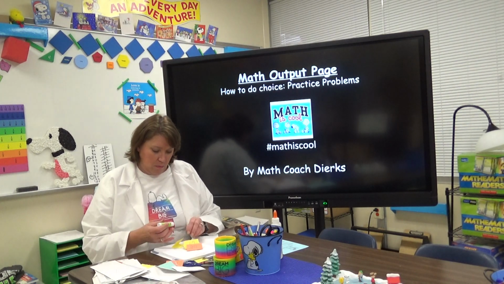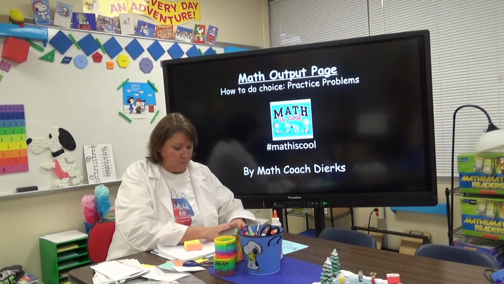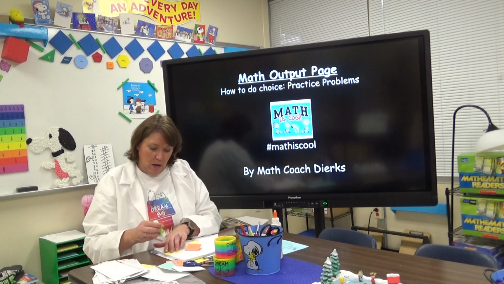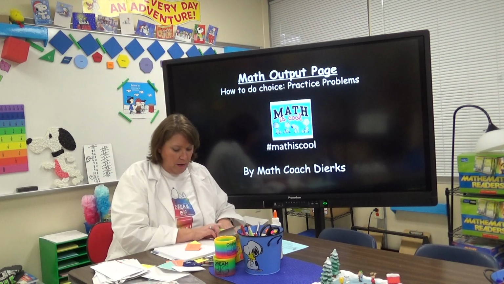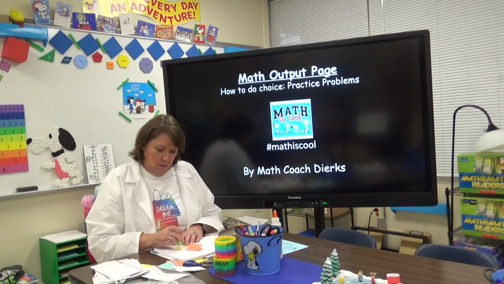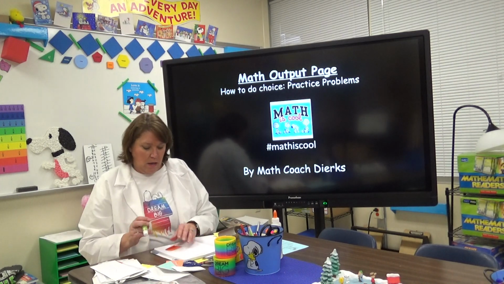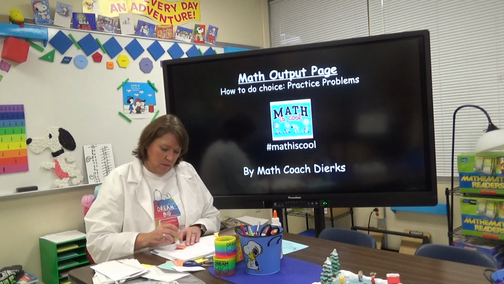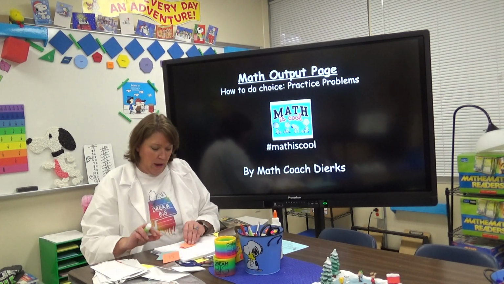So what I did, using scratch paper once again, is I just cut it into little squares, folded it in half, and then put a problem on the front, and then the answer would be under the flap.